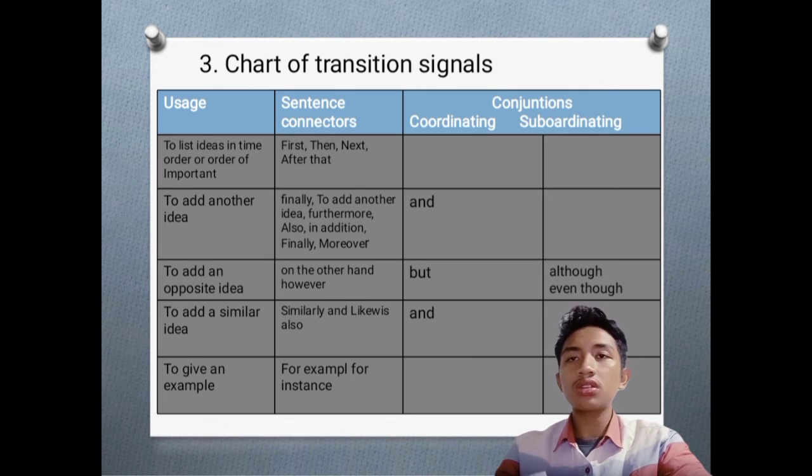the coordinating conjunction is and. Next, to add an opposite idea, the sentence connector is on the other hand, however. The coordinating conjunction is but and the subordinating conjunction is also even though.